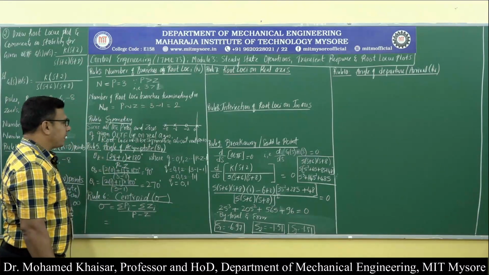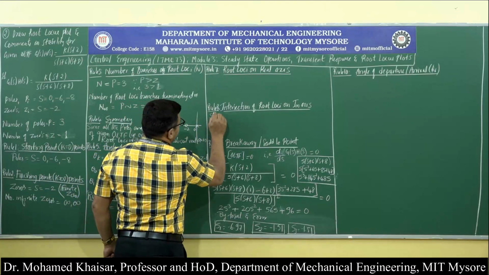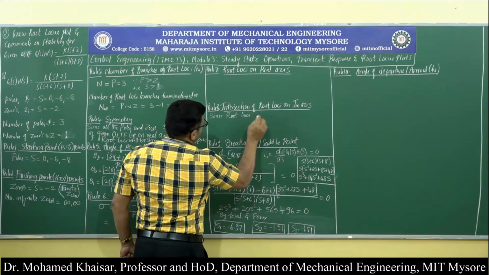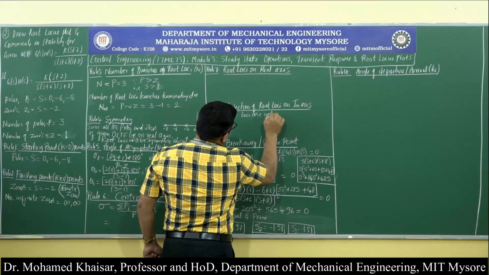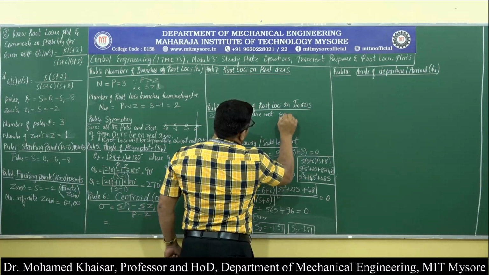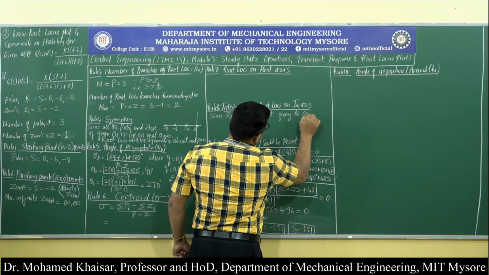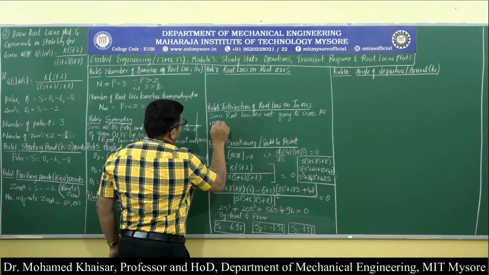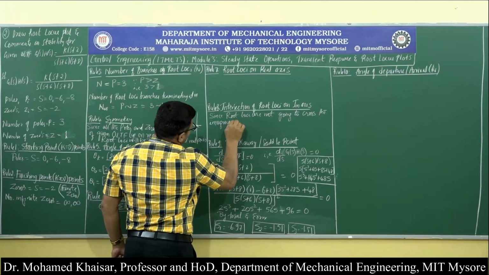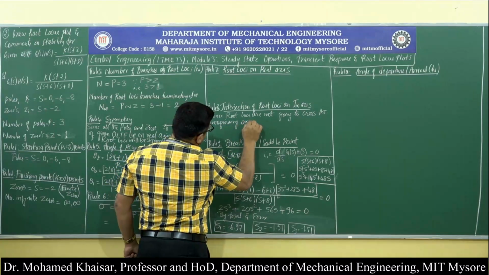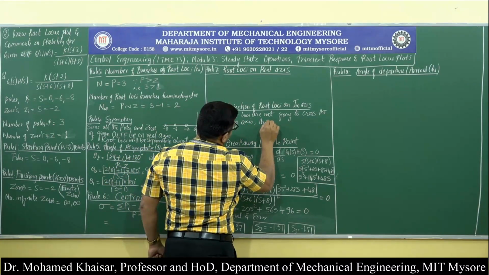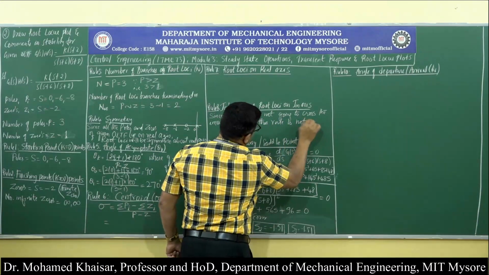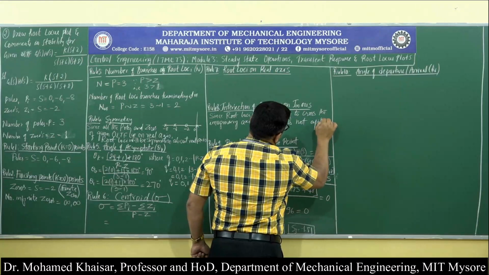So now itself you can write: since root loci are not going to cross the imaginary axis, this rule is not applicable.